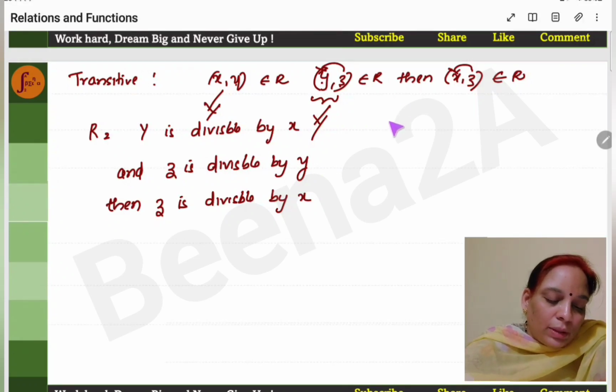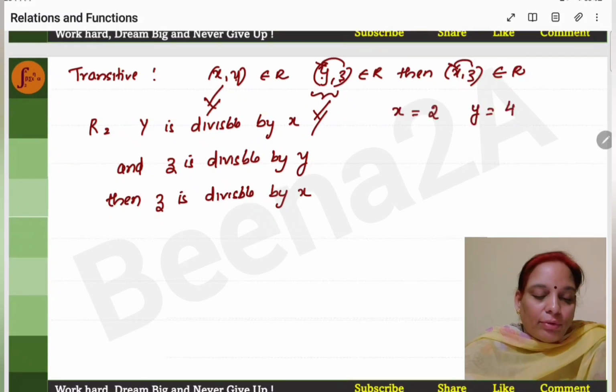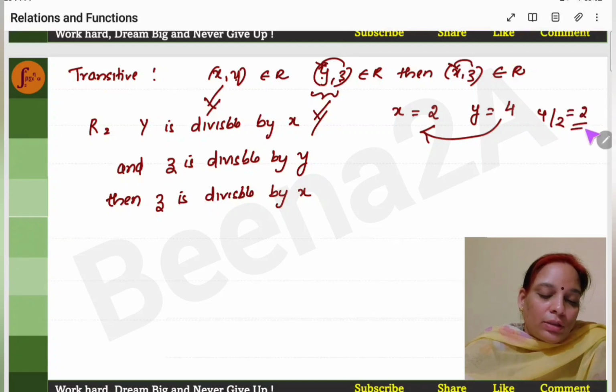So, let's take x as 2 and y as 4. Can I say 4 is divisible by 2? That is 4 by 2. Yes, 4 by 2 is 2. It's a whole number. That means it is divisible. 4 is divisible by 2.